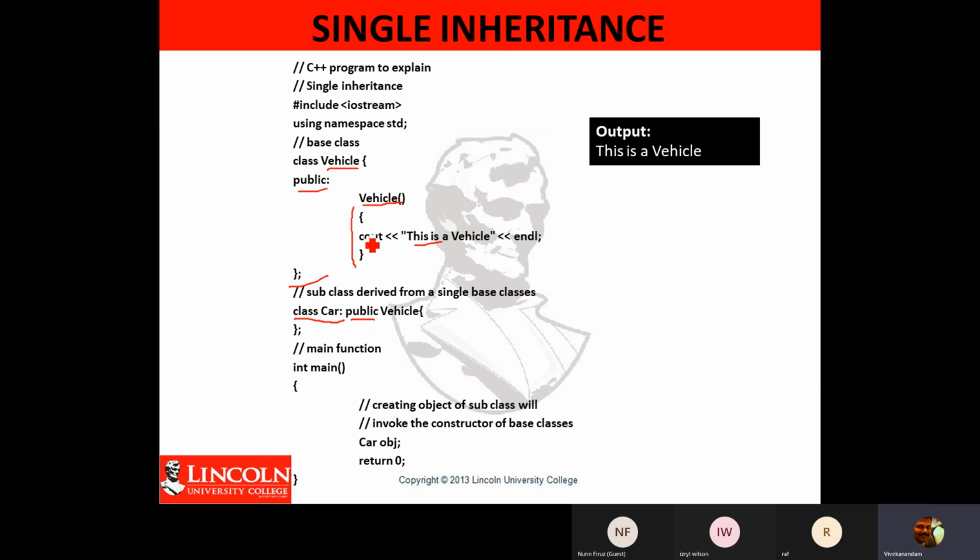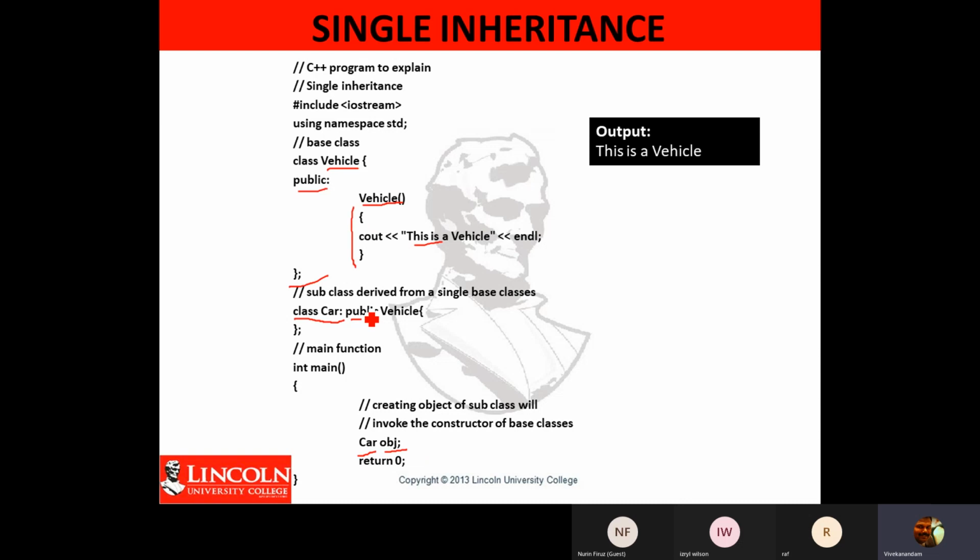Public vehicle means all the data we can use in the derived class. In the main function, int main, we create an object of car, your class name. From this object we can automatically call and print from here. This is vehicle, and this is only one derived class.